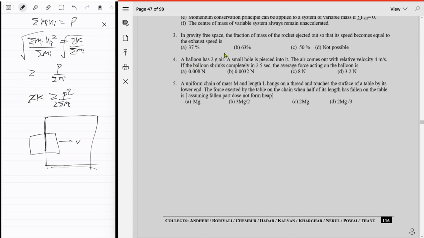A balloon has 2 grams air. A small hole is pierced into it. The air comes out with a relative velocity of something. If the balloon shrinks completely in 2.5 seconds, the average force acting on the balloon is. Is that velocity? There is a problem.